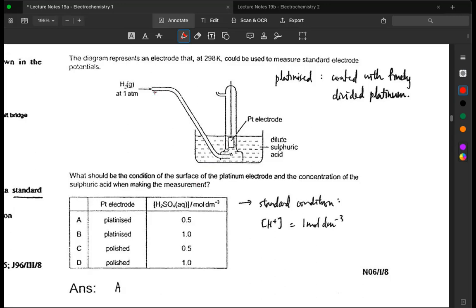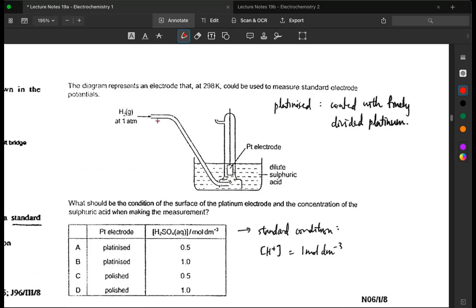Okay, so this is the diagram that represents the electrode at 298 Kelvin. They're asking what should be the condition on the surface of the platinum and the concentration when taking the measurement.